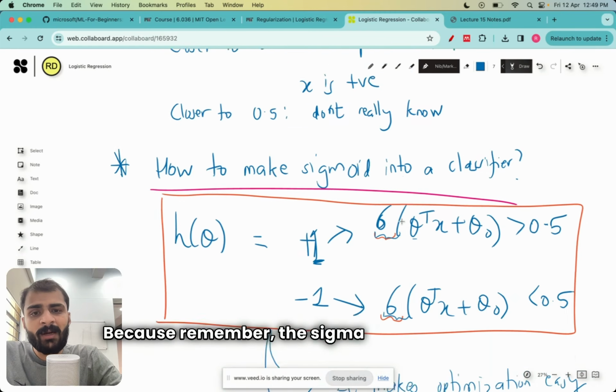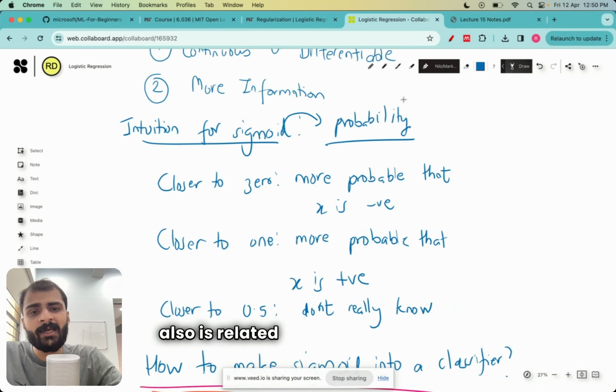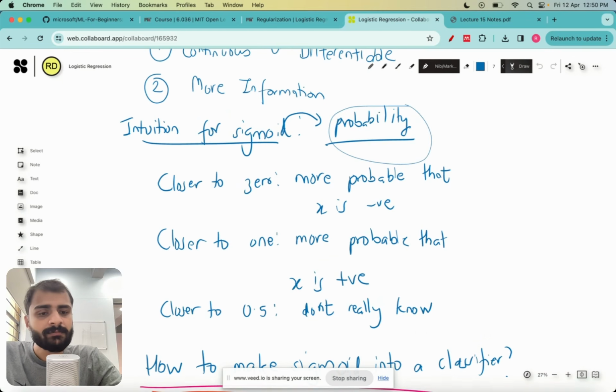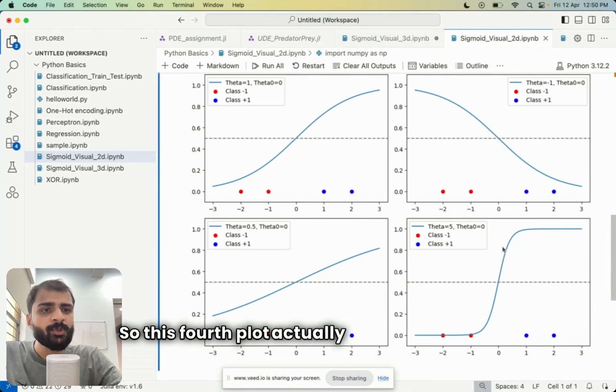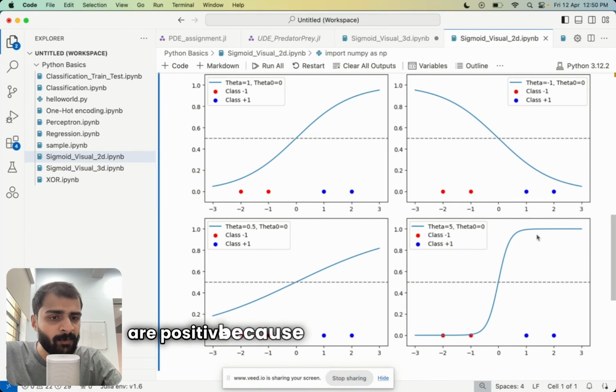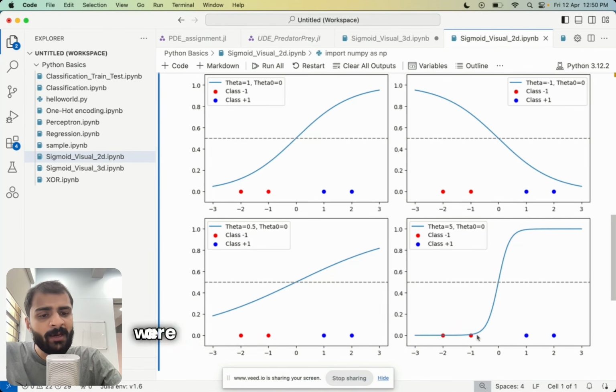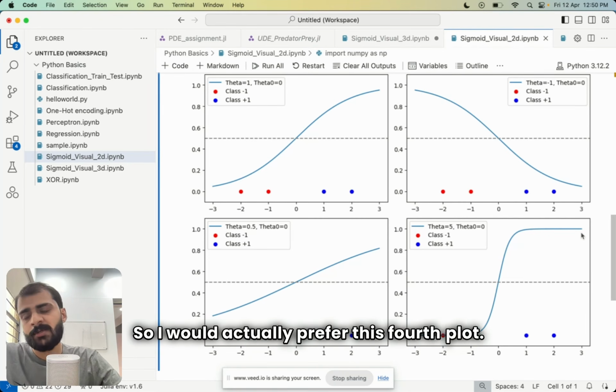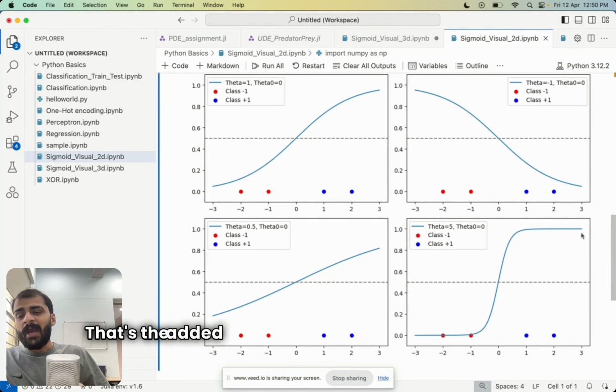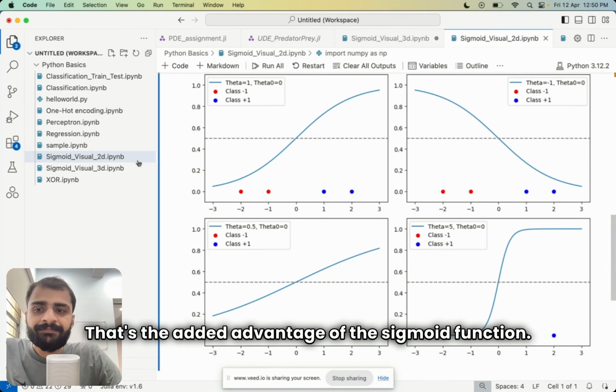Because remember, the sigmoid function also is related to probability, right? So this fourth plot actually is more probable. We are more sure that the blue points are positive because it's closer to 1, and that the red points are negative because it's closer to 0. So I would actually prefer this fourth plot. That's the added advantage of the sigmoid function.